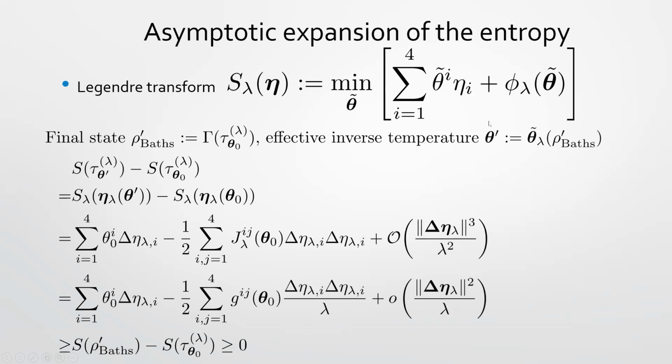We need this parameter in the same way as previously. So we need to choose this parameter such that the average of each physical quantity is equal to the average under this final state. In this case, the final state is not a thermal state, but we need to choose an ideal thermal state such that the physical quantities are the same.